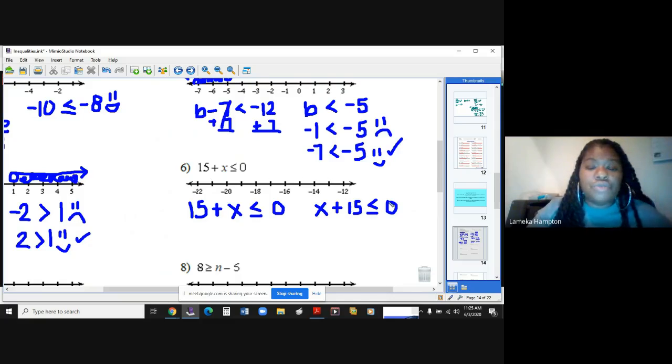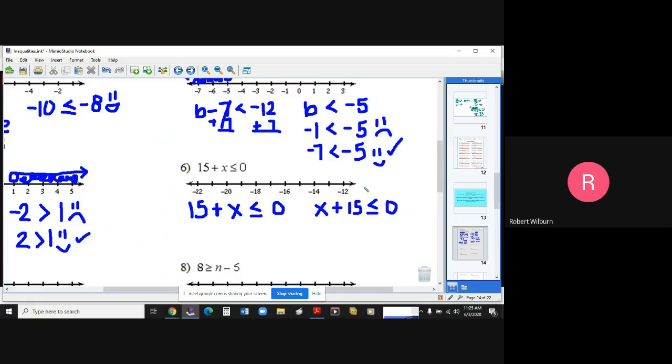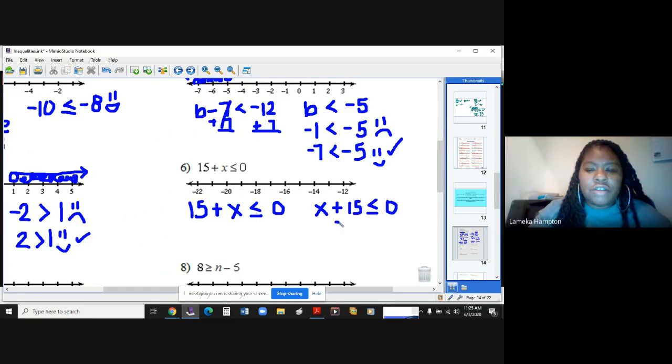What am I going to do with this problem? Subtract. What am I subtracting? 15 on both sides. Yes, sir. As the day is long. All right.